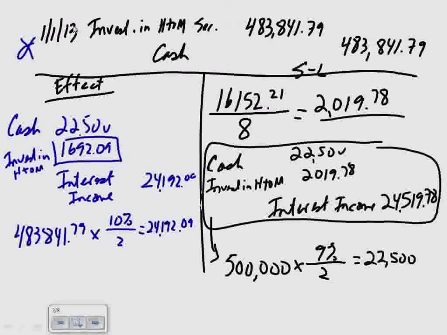This is an important part about the difference between the effective interest method and the straight line method. When we do the effective interest method, the amortization of the discount or premium is the plug figure. It's the difference between the cash received and the interest income, which is computed by the carrying value times the effective interest rate. Under the straight line method, interest income is the plug figure because the cash is calculated and then the amount of amortization is the straight line amount.